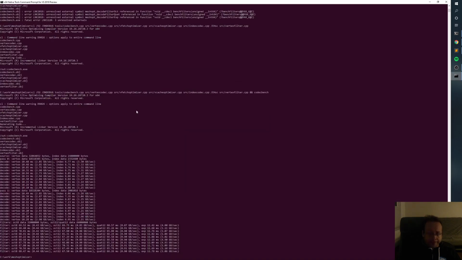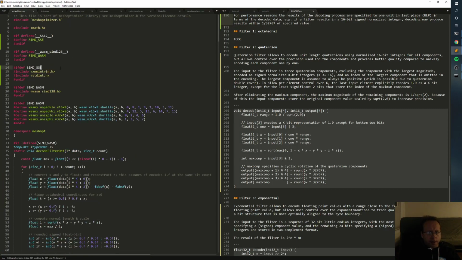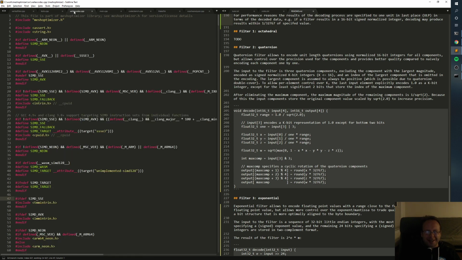Right, so Microsoft's compiler is slightly weird because it doesn't define SSE2 on 64-bit, I guess.